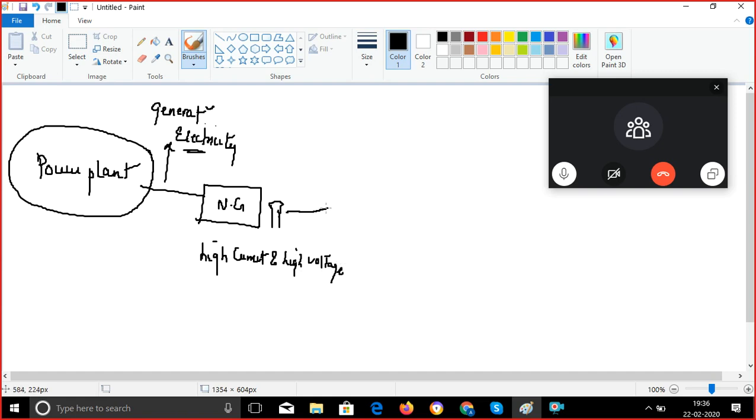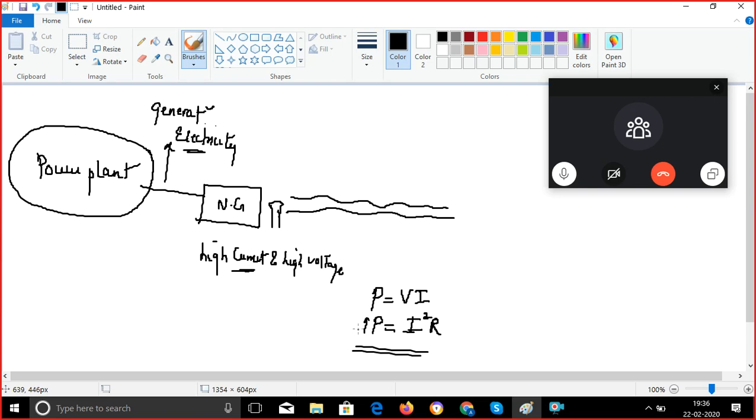But if you supply this power with the cables, we have studied P equals V multiplied by I, or I squared R. So this means if there is an increase in current, the current is high, so power will be way high and heat generation will also be very high.